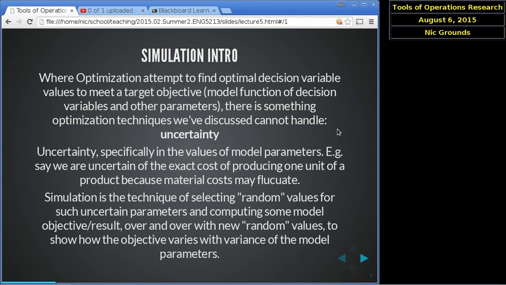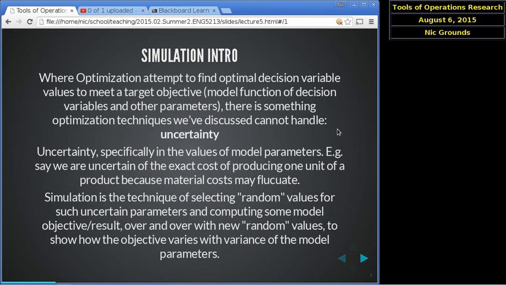Simulation is the technique specifically of selecting, I'm going to say, "random" values. I'll put that in quotes and I'll explain that in a minute. We're going to select random values for these uncertain parameters, the things we don't have certainty of. We're going to pick random values for them, compute a model that gives some objective or result, and then we're going to repeat that process with newly selected random values.